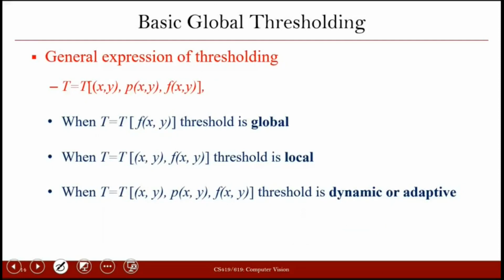Now, when we are defining the threshold based on this equation, the parameters that we are supplying in this threshold characterize the kind of thresholding that we are using. For example, if we choose the threshold like this, where we are just bothered about the intensity and not at what place that particular intensity exists, we can say this is global thresholding.